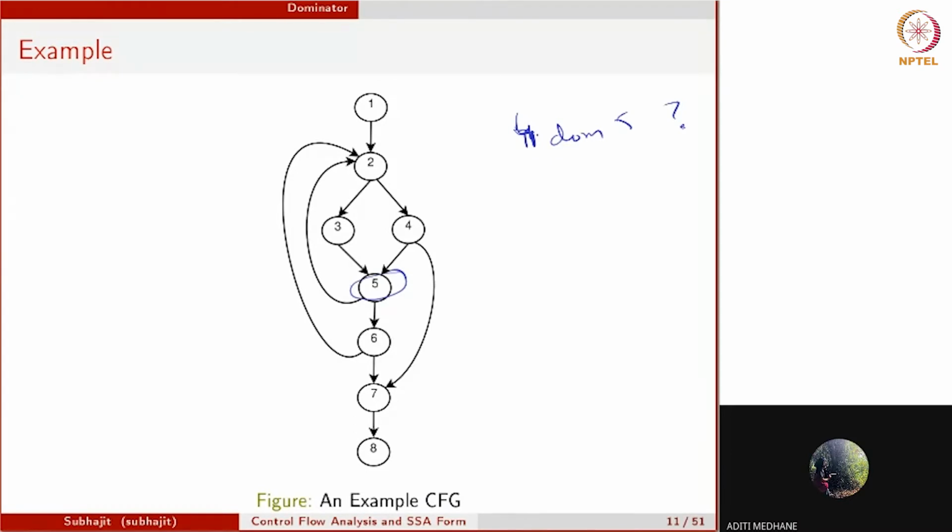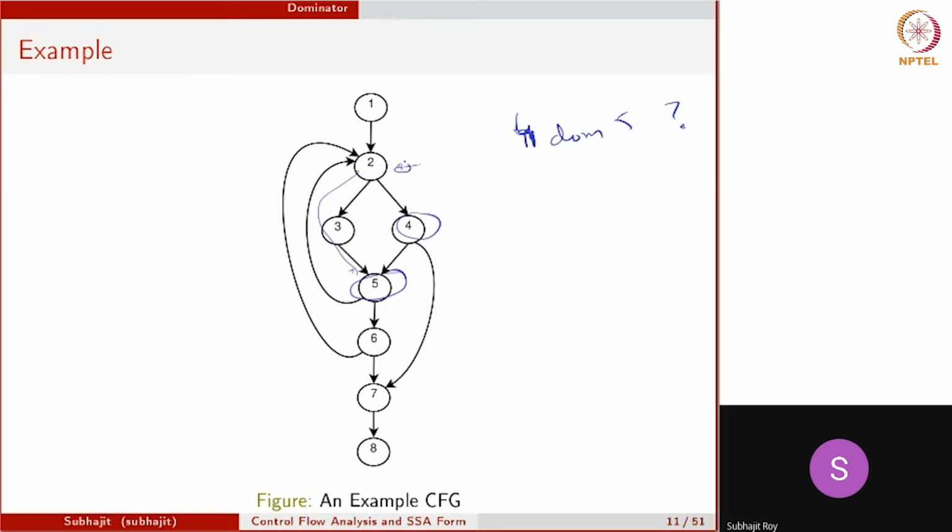Because path from 3 to 5 is not yet covered. Exactly. So then, because there is a path like this also, that does not include 4. So can you tell me one basic block which is a dominator for 5? Node 2. Node 2, excellent. Node 2 surely will execute. It will have to be there for every path.